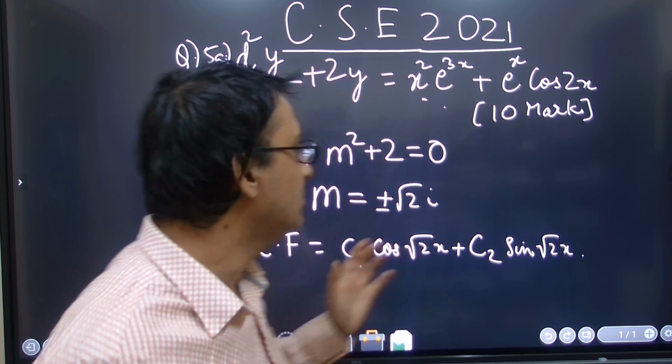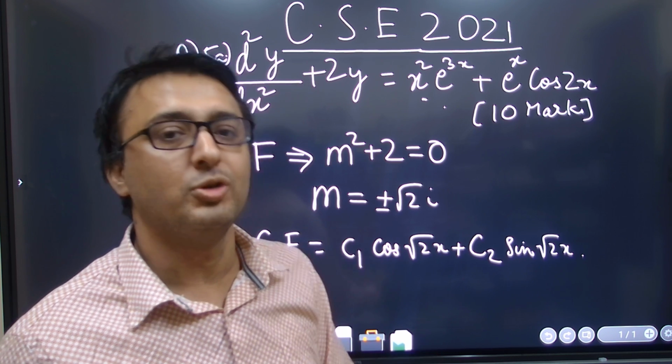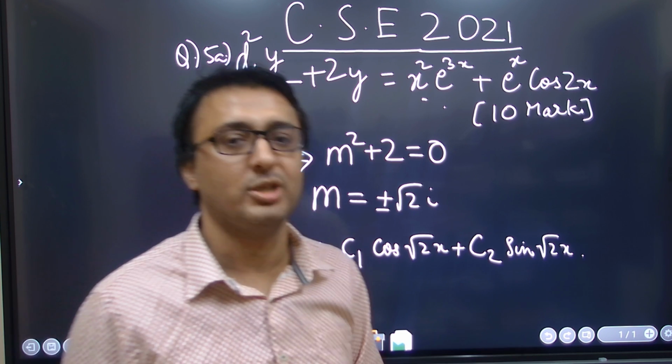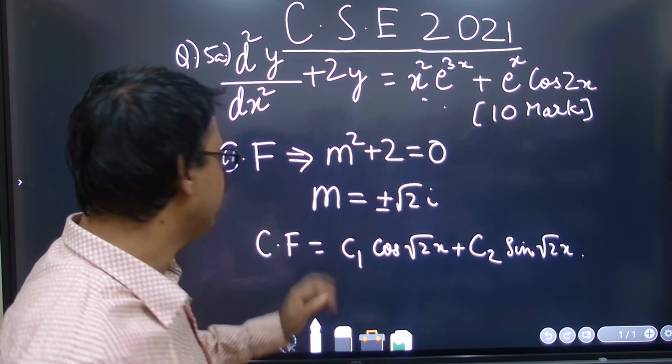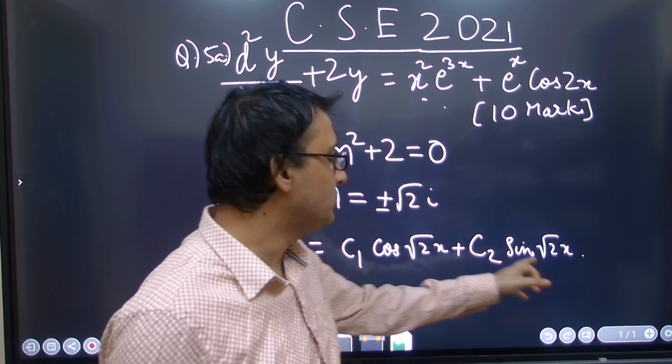So we are trying to not just solve the problem but also see where people have gone wrong in test papers and how they behave in an examination-like situation. The complementary function is c1 cos root 2x plus c2 sine root 2x.